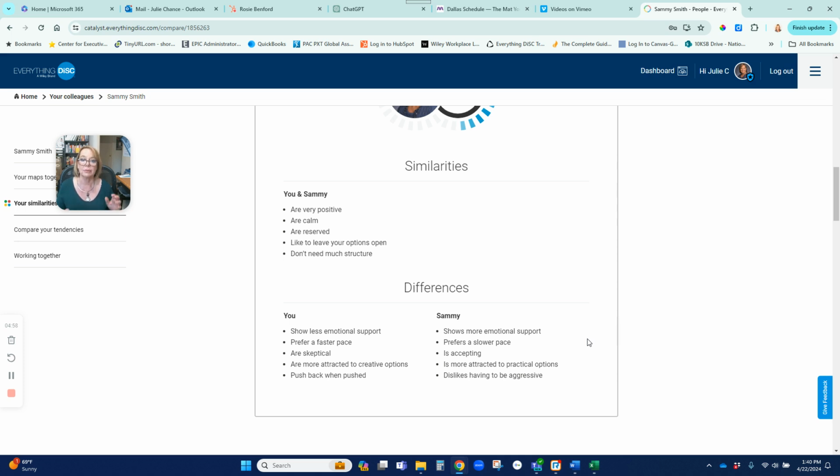A workshop participant once said to me, "I get what valuing differences is.